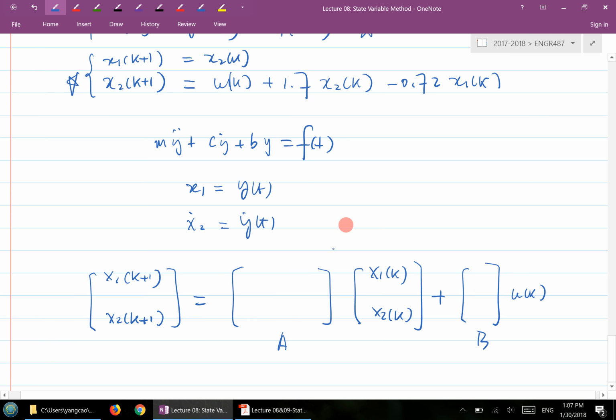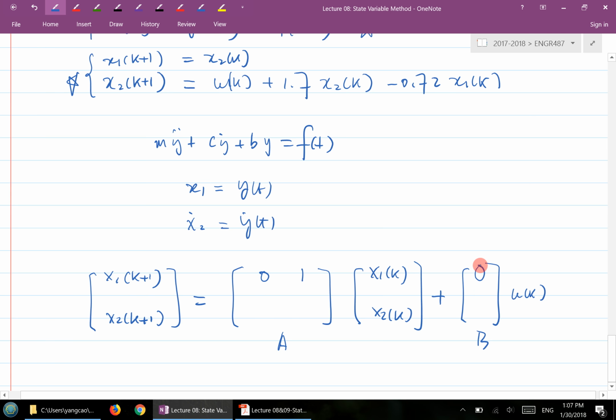So x1 of k equals x2 of k, so the first row times this column will have to be 0, 1 in order to give you x1 of k. And the B here should be what?